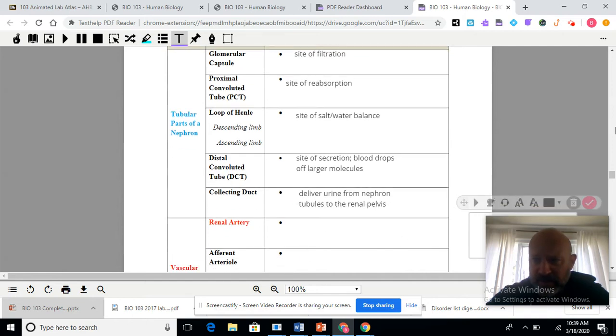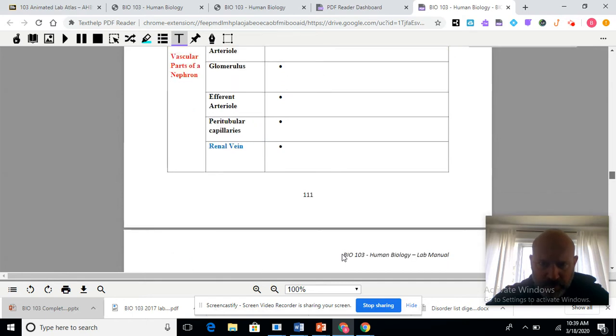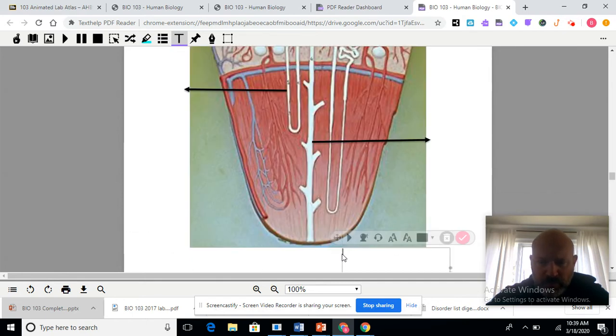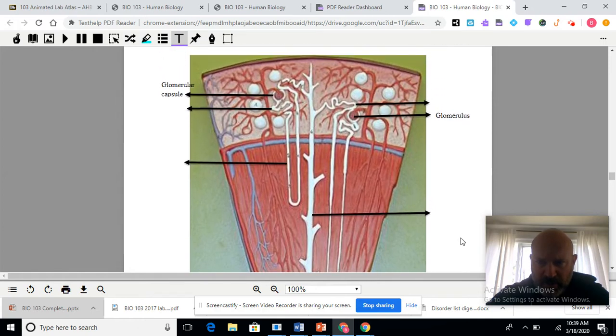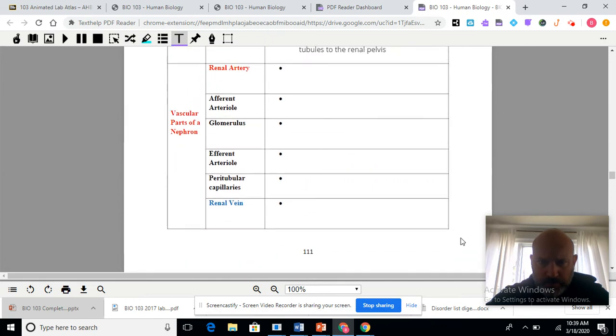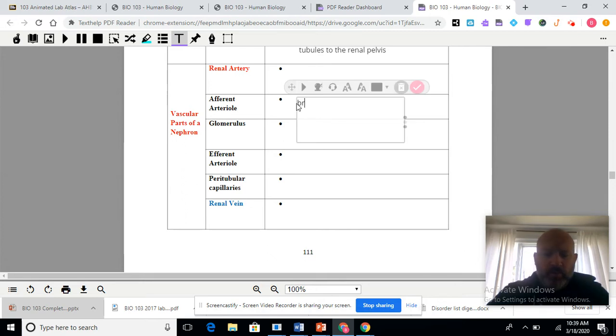So now we're looking at the vascular components. I don't want to do the ones that we already did. Kind of glitchy now. The afferent arteriole brings unfiltered blood into the glomerulus.